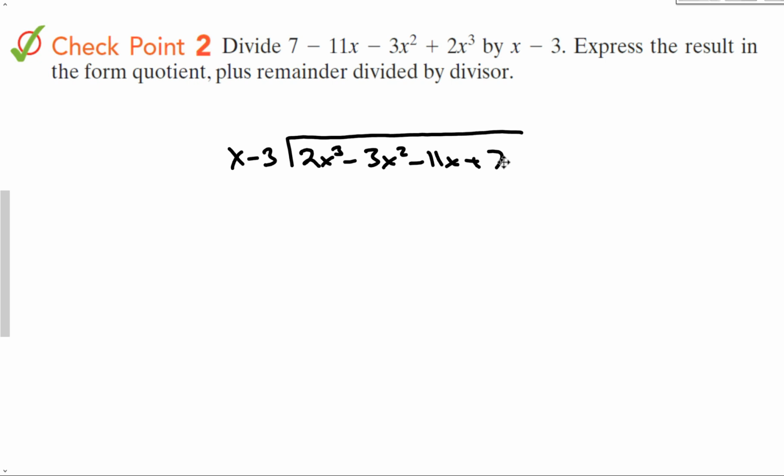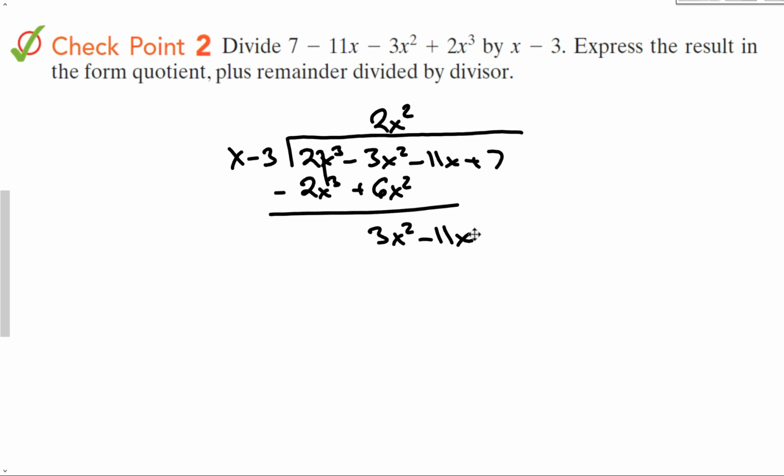Divide, multiply, subtract, bring down. We're going to divide 2x to the third by x, which gives me 2x squared, which gives me 2x to the third when I multiply, and a minus 6x squared. Subtract gives me 3x squared. Bring down the minus 11x.